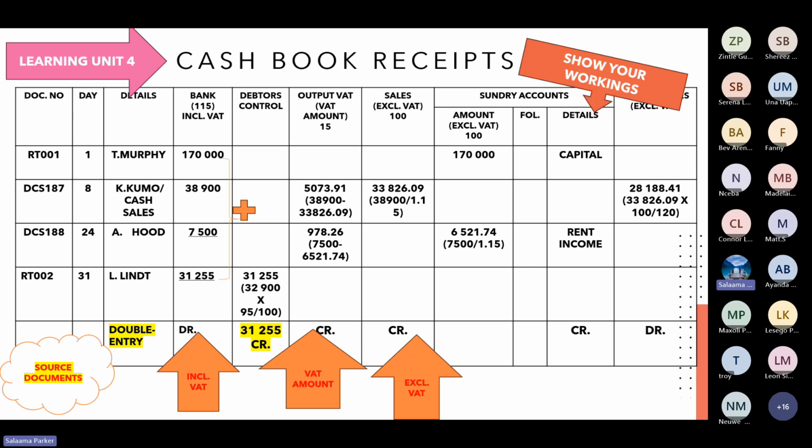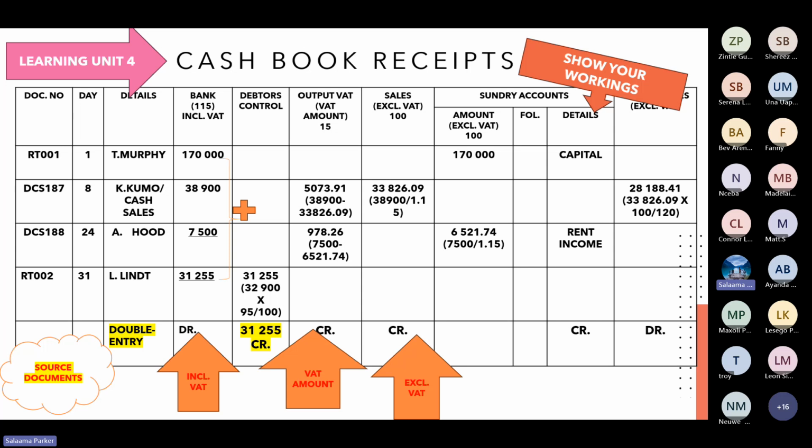And then you now needed to calculate the exclusive VAT amount. Okay, again, there's two methods that you can use. The easier method, or the shortcut method, is what I've impressed on my class: just divide by 1.15, going from inclusive to exclusive.